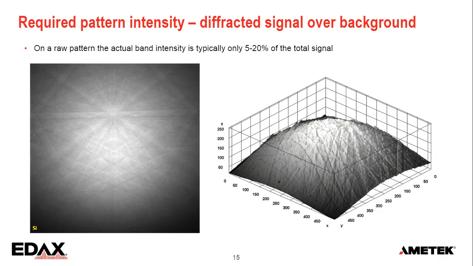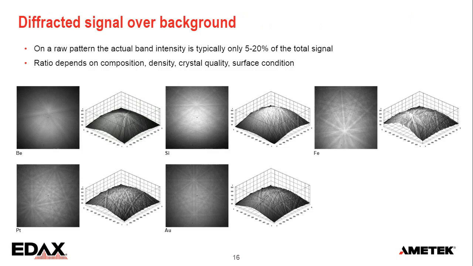So maybe 5 to, in some cases, up to 20% of the total signal is diffracted information that we can use for indexing. Between 80 to 95% of the electrons are just background noise that we want to remove. So that is something that we have to keep in mind when we are going to drop the current.